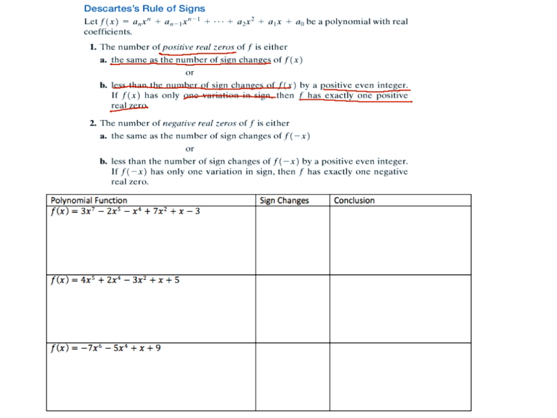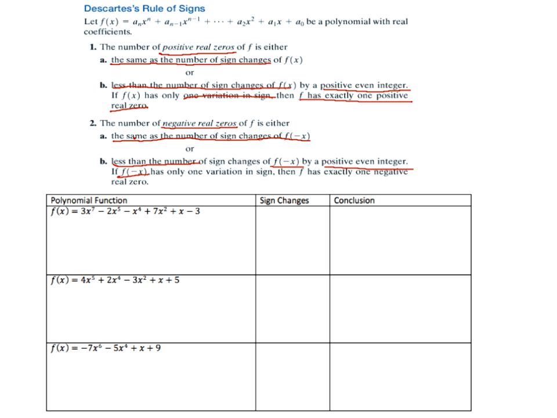All right. So the number of negative real zeros is the same as the number of sign changes of f of negative x, or less than the number of sign changes of f of negative x by a positive even integer.